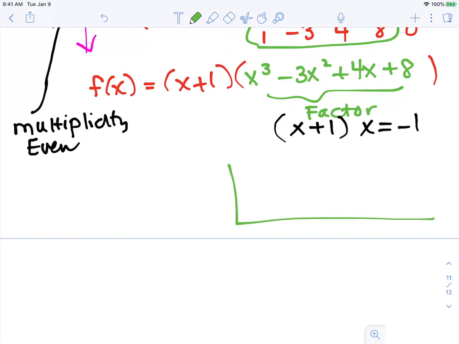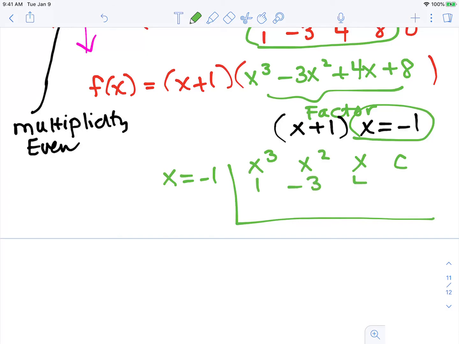cubic function. I'm going to do synthetic division again. And I'm factoring out x equals -1. Coefficients. Here we go. Bring down the 1. Multiply.